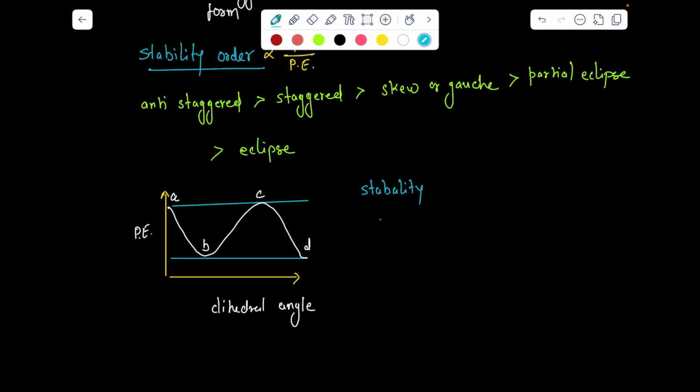So A should be less stable, so we can write A is equal to C and B is equal to D, and B and D are equally stable and they are more stable than A and C. If I write the potential energy order, it would be reversed, so A and C have the higher one.